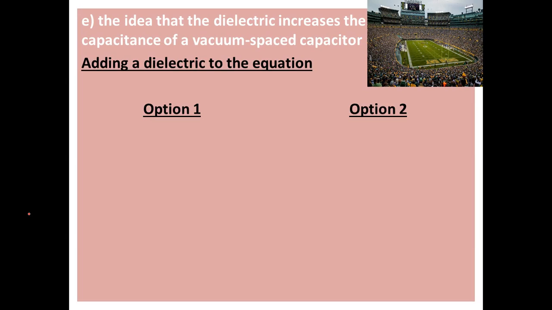So we need to be able to include our dielectric in our equation. Our original equation was that capacitance was equal to the permittivity of free space multiplied by the area of the plates divided by the distance between the plates.